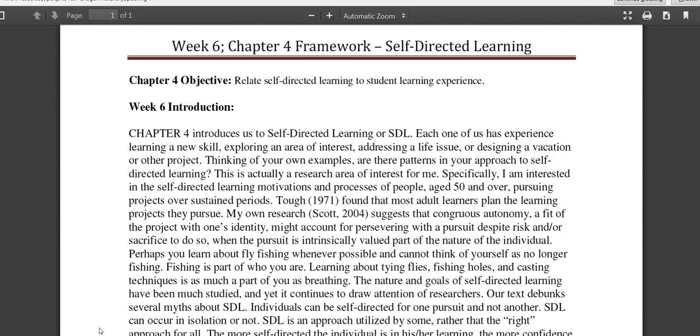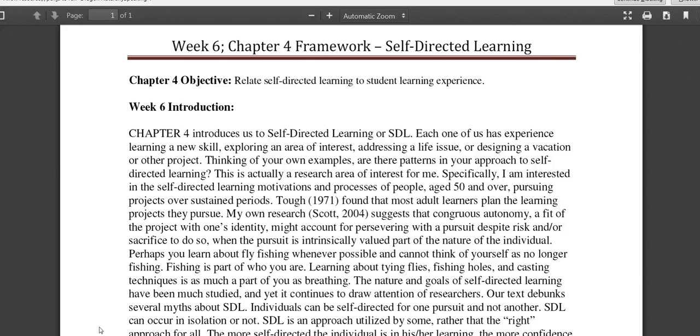So I'm very interested, and self-directed learning gives us an opportunity to, on our own, and with the resources that we can find, do something purposeful about those things that are of interest to us.